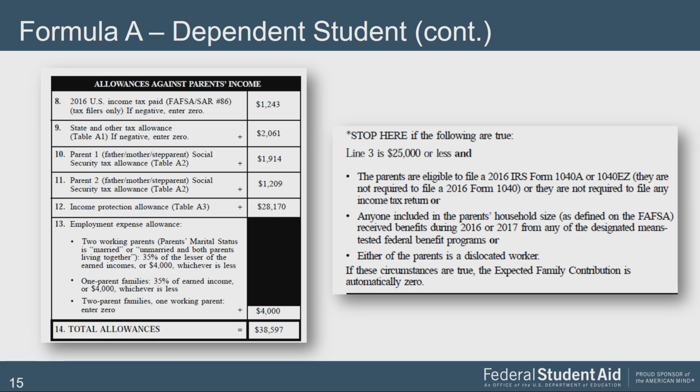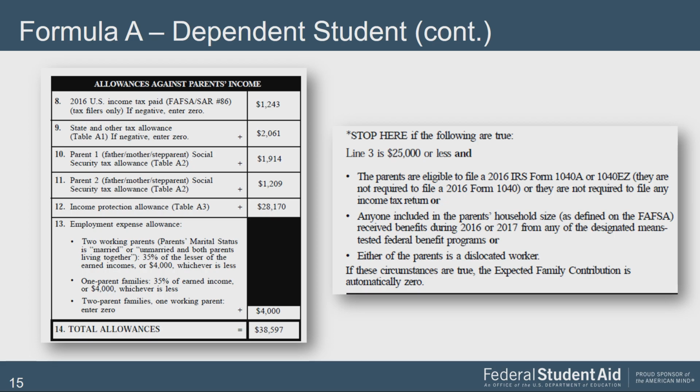And then the employment expense allowance, which is a very interesting throwback. You know, there was a time in this country when it was somewhat rare that both parents worked outside the home. In today's context, that's hard to believe, but I've been around long enough to remember when working mothers outside the home was rather an oddity, a rarity, if you will.